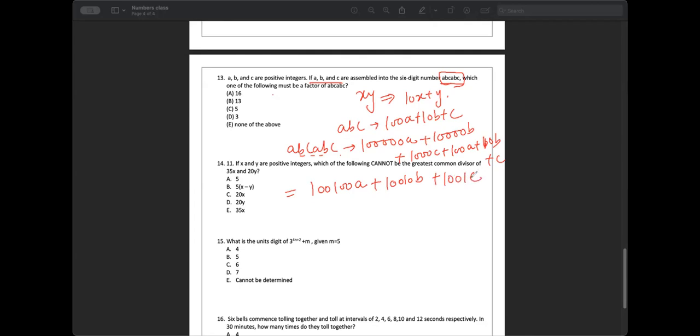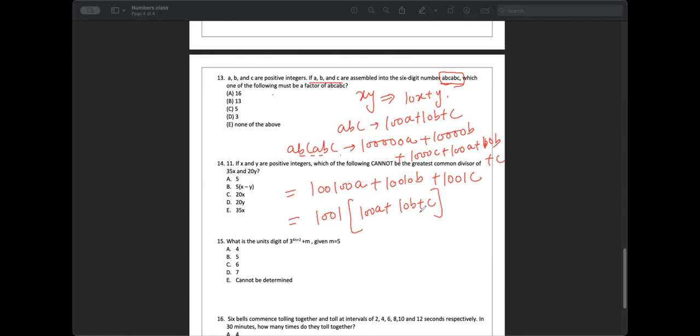So I can take 1001 out. So we have 1001 times 100A plus 10B plus C. Okay. This is what we have.